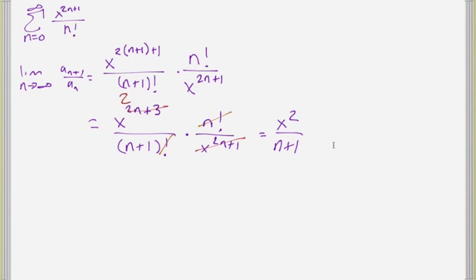And now here's a moment of clarity. I always forget to think about absolute values. So in the original question, is there any way that this thing could be negative? Yes. If x is negative, 2n plus 1 could be odd. Isn't 2n plus 1 always odd? Couldn't we just put giant absolute values across the whole thing to be safe?